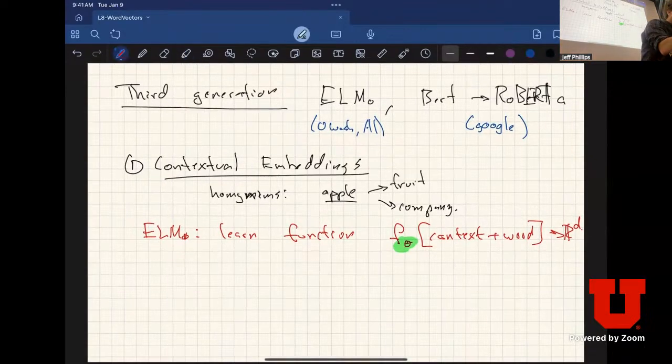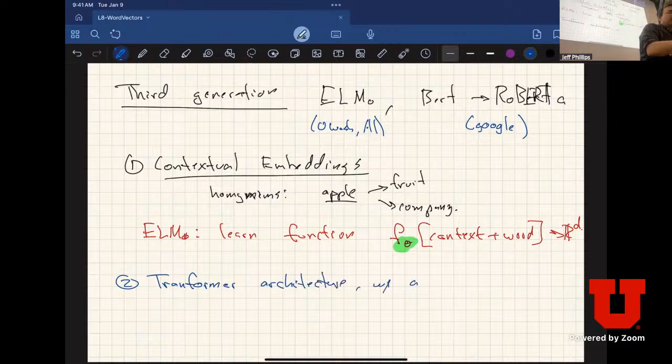Okay, the second idea was the transformer architecture, with this idea called attention. I'm not going to explain exactly how this works. If you take a class by someone like Anna Marasovich, she'll try and explain it to you.